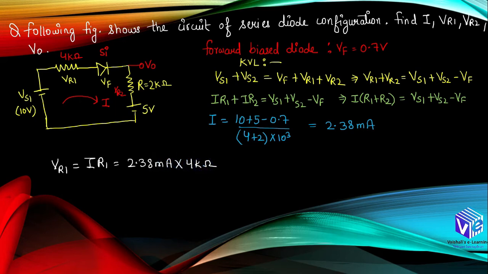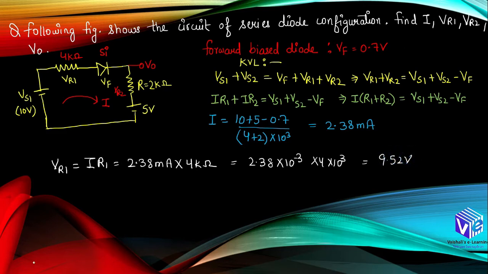Milli is 10 raised to power minus 3 and kilo is 10 raised to power 3, so I can represent it as 2.38 into 10 raised to power minus 3 into 4 into 10 raised to power 3 volt. If you do the calculations, you will get 9.52 volt.